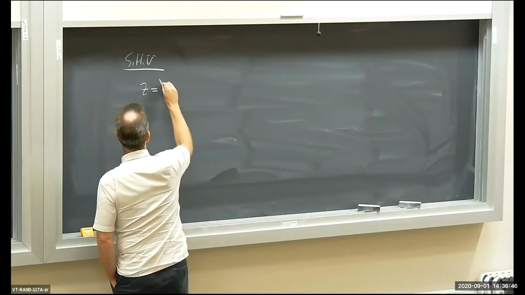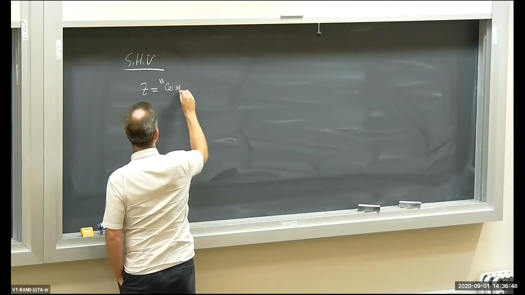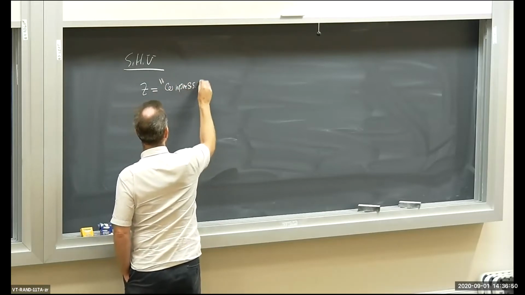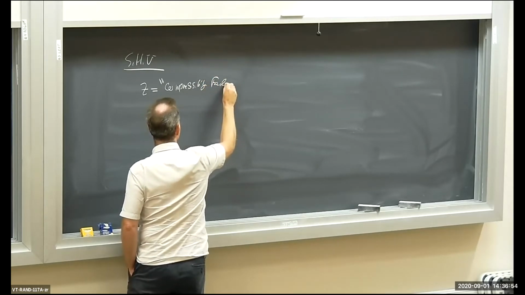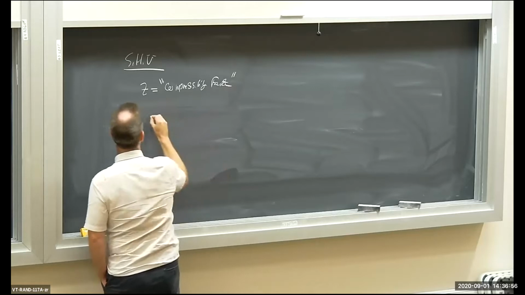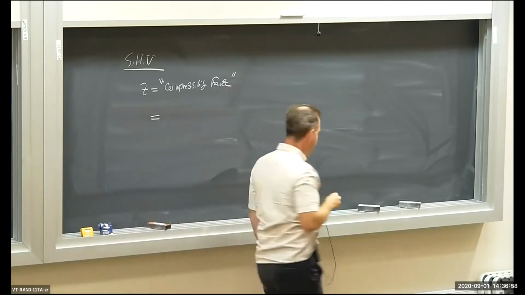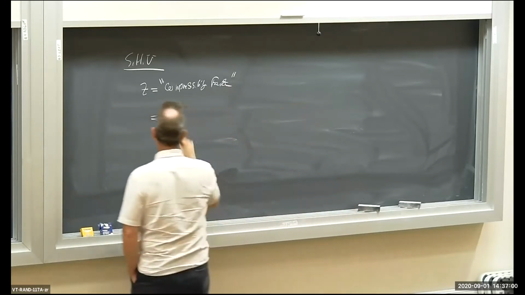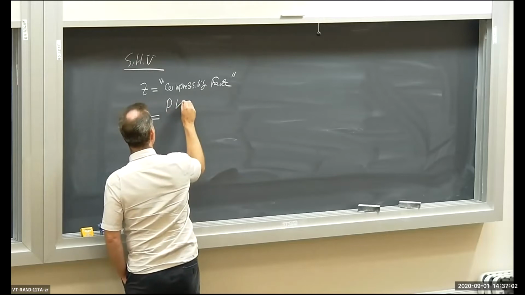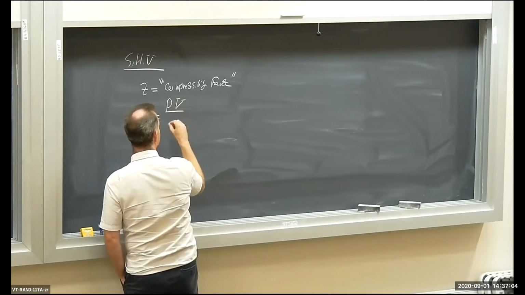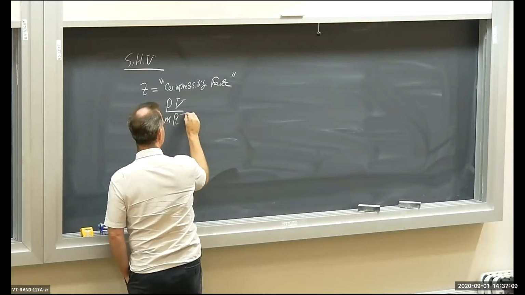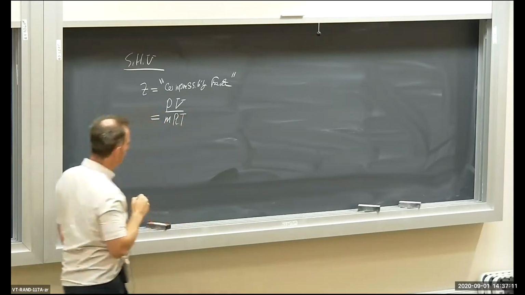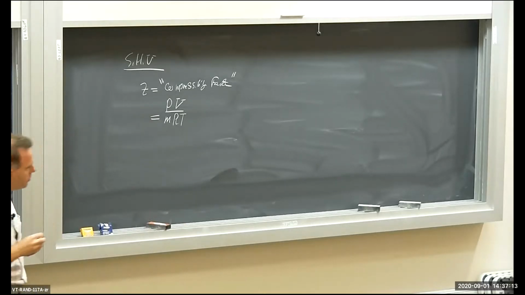Z is the compressibility factor, and it's equal to the following quantity: pressure times volume divided by mass times the gas constant R times temperature.